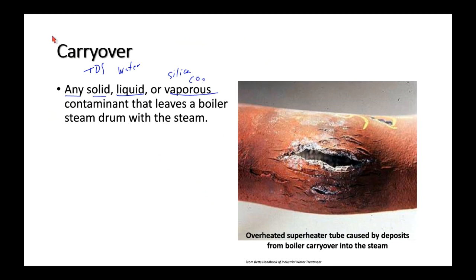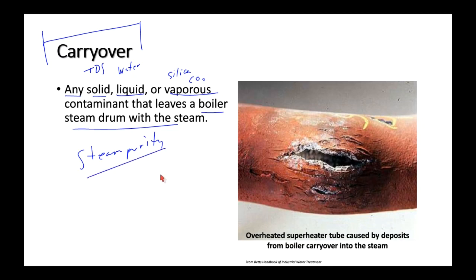Okay, so various things are all under this category of carryover. So anything that leaves the boiler steam drum with the steam. And we have this term that we call steam purity. And I think that in this chapter they talk about testing steam purity and stuff like that. I'm not going to go into it, but you can certainly read it over. But pure steam doesn't have any silica, CO2, this type of stuff.